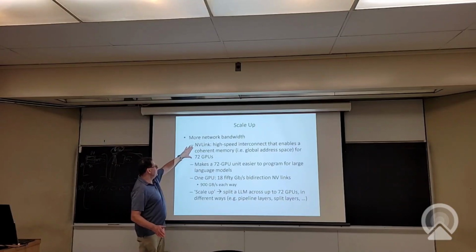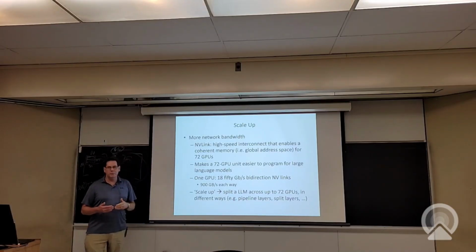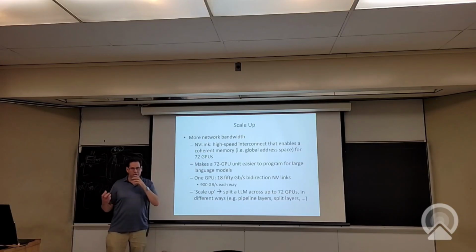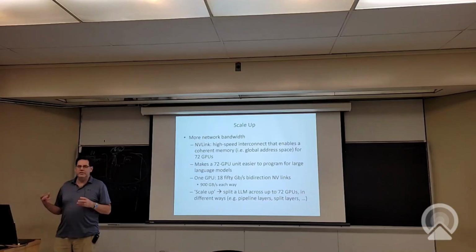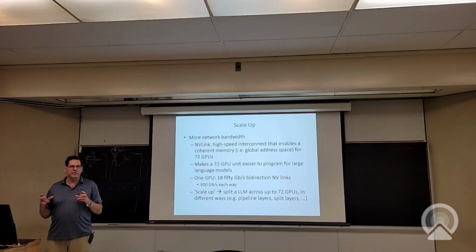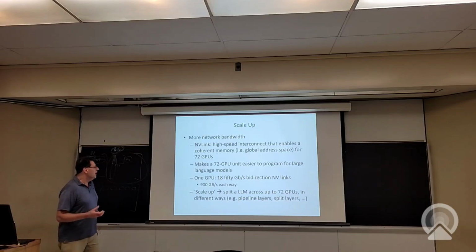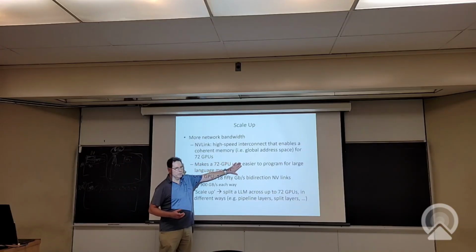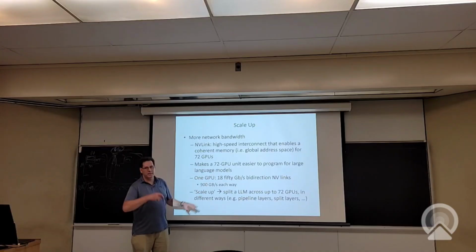And they can basically use this to connect 72 GPUs together. And those 72 GPUs in their programming model, NVLink is coherent, okay? So what it means by coherent is they can actually use a global address space. So it makes it easier to program. You can actually say, here's my address, and it could map to any one of these 72 GPUs, and the hardware will go get the data from the right thing.